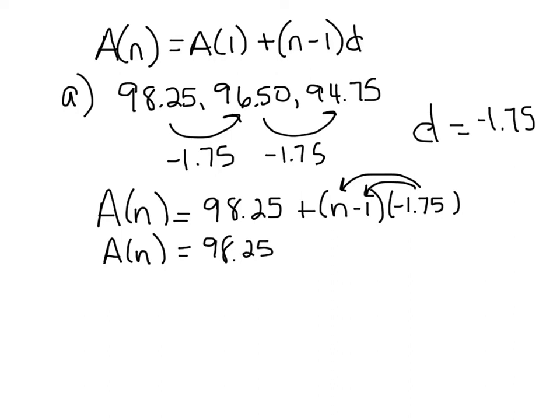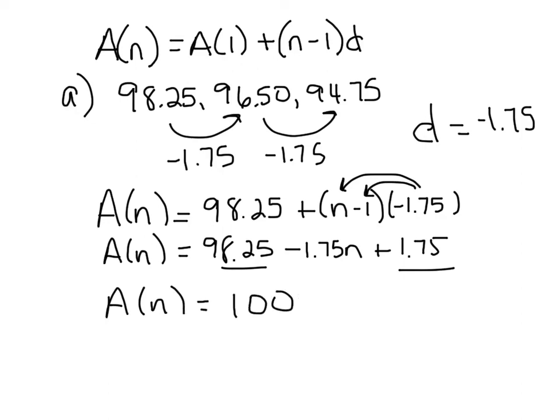Distribute the negative $1.75 plus $1.75. Combine like terms. A of n equals, and that gives us $100 minus $1.75 per ride. So that is our explicit formula for the arithmetic sequence.